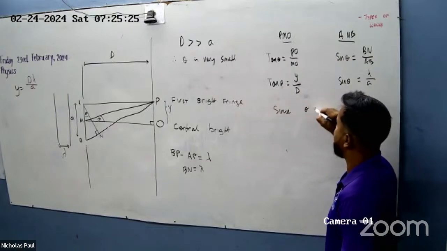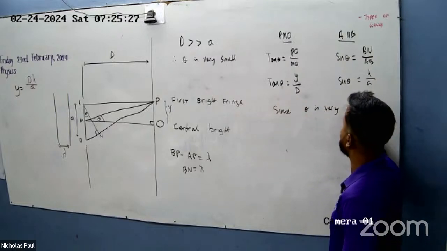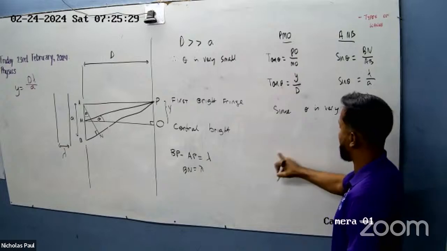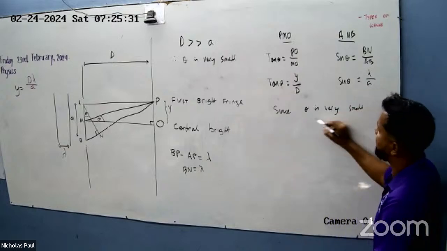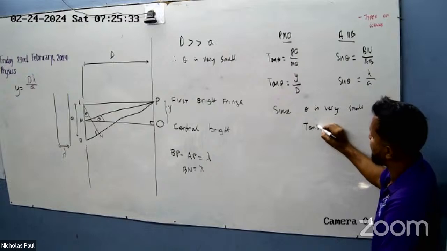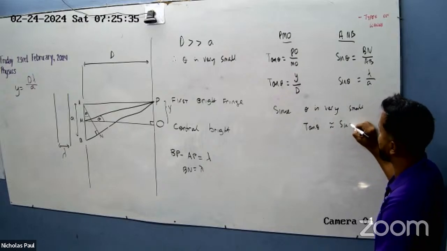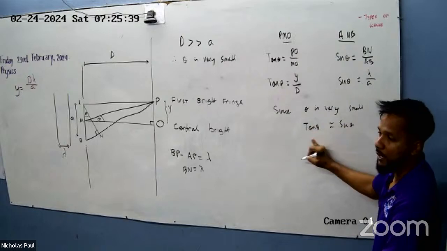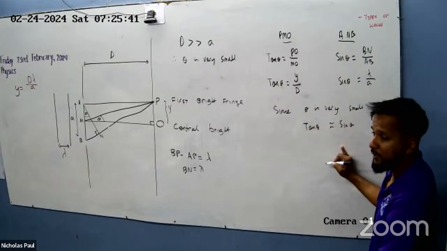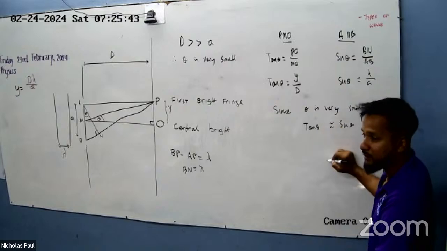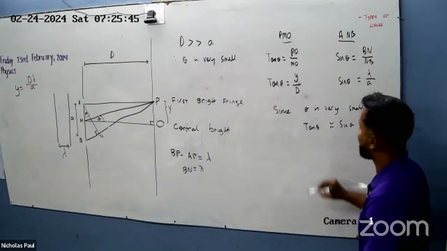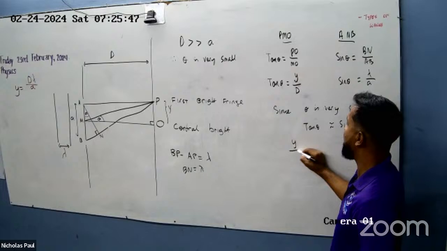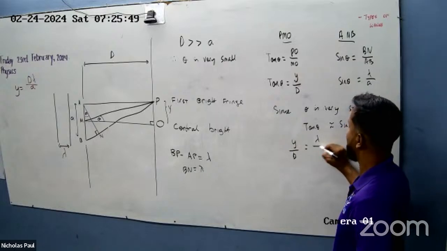Since theta is very small, you would have done this in limits, some people. Since theta is very small, tan theta is approximately equal to sine theta. Whenever theta is small, these two are the same thing. Non-maths people just accept it. These two are equal, so you end up with y over d equals lambda over a.